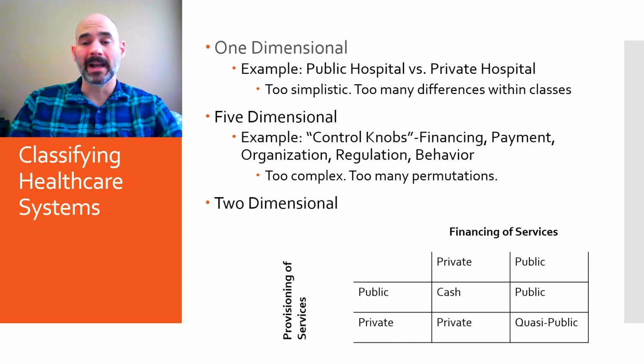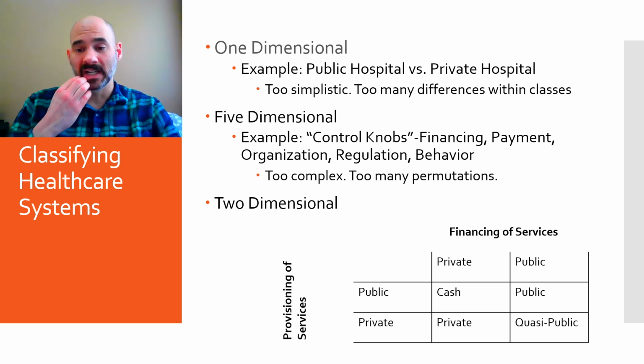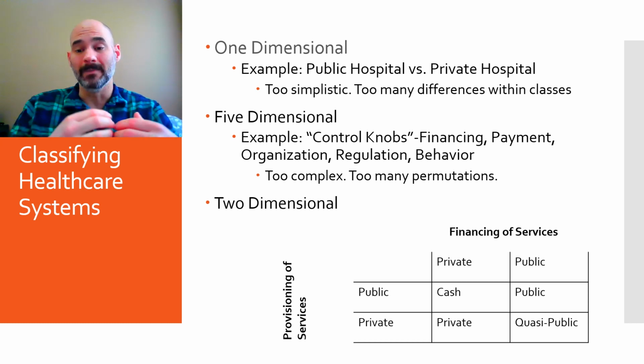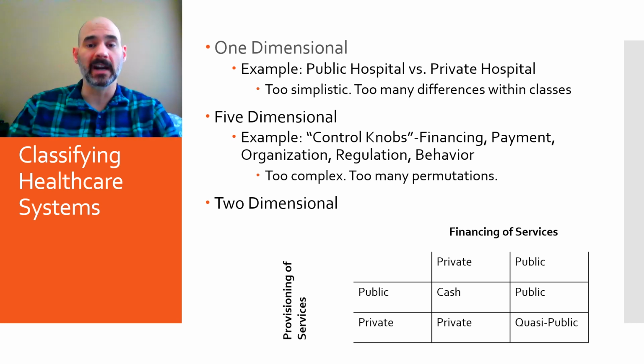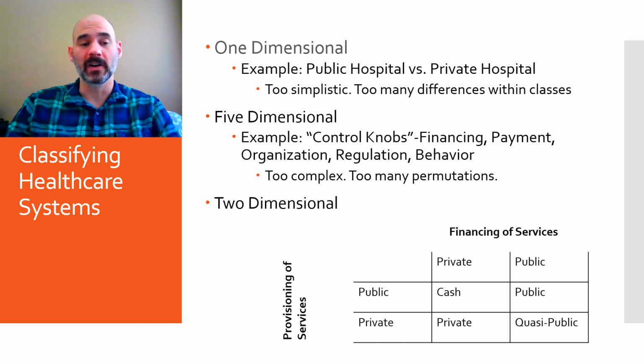And they point out that, look, this is way too simplistic. There's far more differences between healthcare systems than simply whether they differ along this one dimension. And so we need to look at more dimensions if we're going to have a more comprehensive way of classifying healthcare. So then they move on to a 5-dimensional system for analyzing healthcare organization.